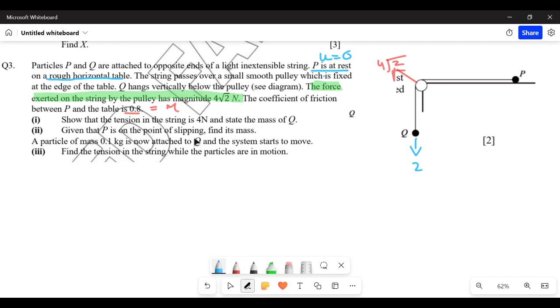Instead, the only thing we know is that there's a force in this direction acting on the thread by the pulley. Also, if you account for this as a particle, then there's going to be tension here and a tension here.